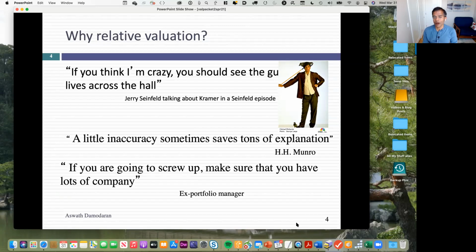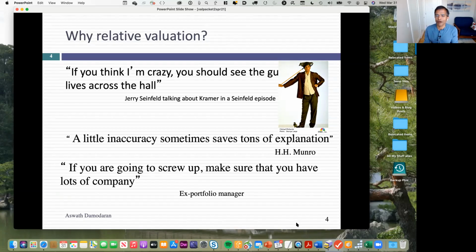In intrinsic valuation, when you're wrong, you're far more likely to be wrong alone. And here's why. The nature of intrinsic valuation is you're often buying a stock that everybody else is running away from. You're a contrarian. You're selling a stock when everybody else is buying. You think, so what? You know what happens to people who are wrong alone? They lose their jobs.